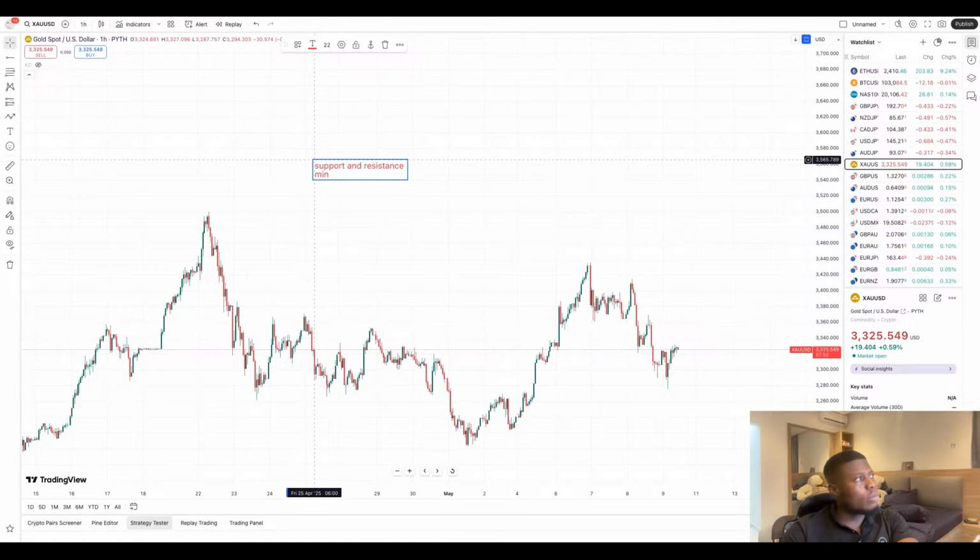Minor swings, major swings, breakout and retest. Then we have Fibonacci.